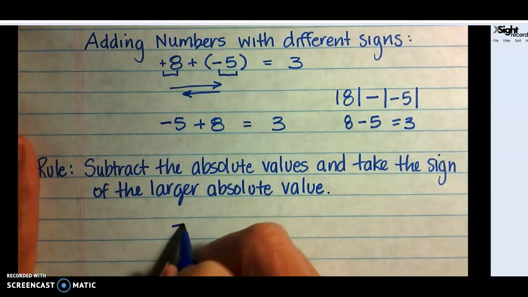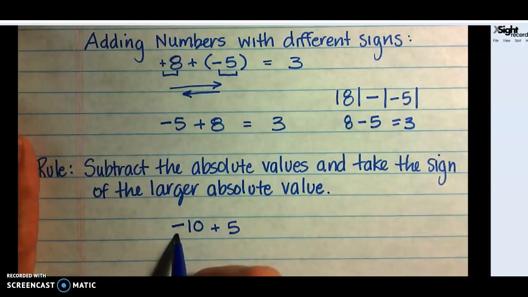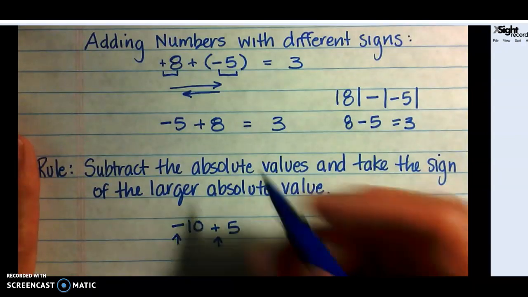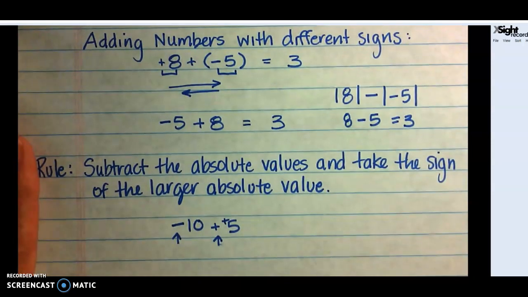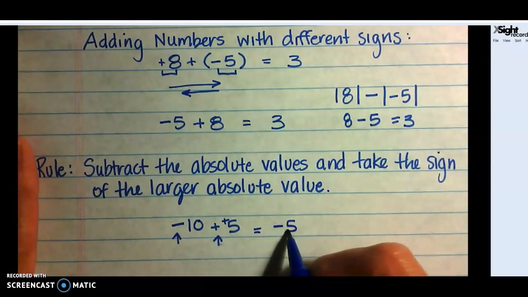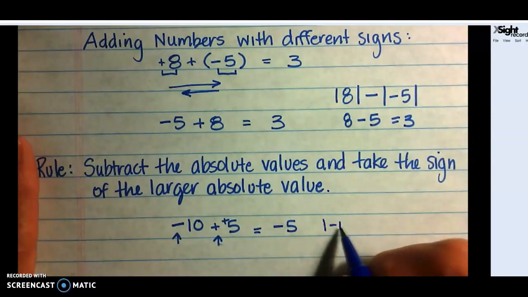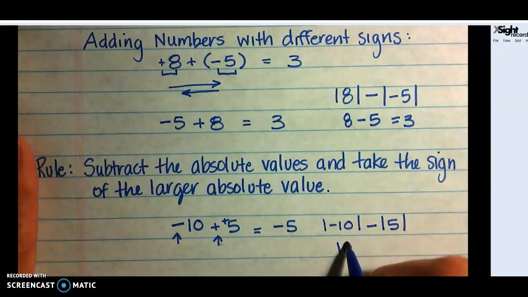For example, -10 plus 5. These have different signs. I'm adding this positive 5. So if I take the difference of their absolute values, 10 minus 5 equals 5.